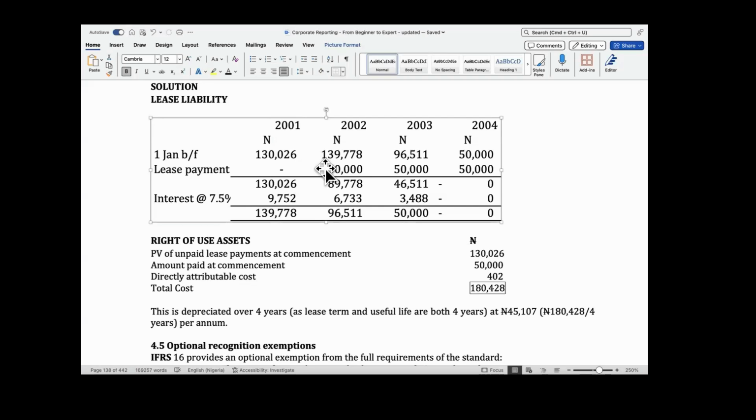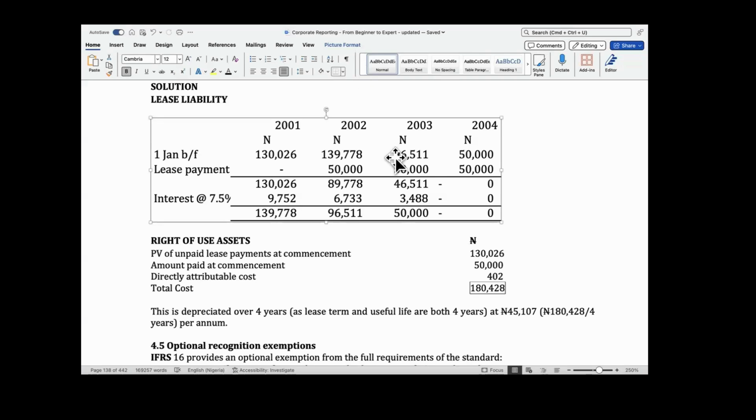So when you deduct your lease payment of 50,000, we would have 89,778. Then we add our interest of 6,733, which is 7.5% of 89,778. So the interest will be added to the 89,778. So we'll have our liability of 96,511, which will be carried forward to the next year.